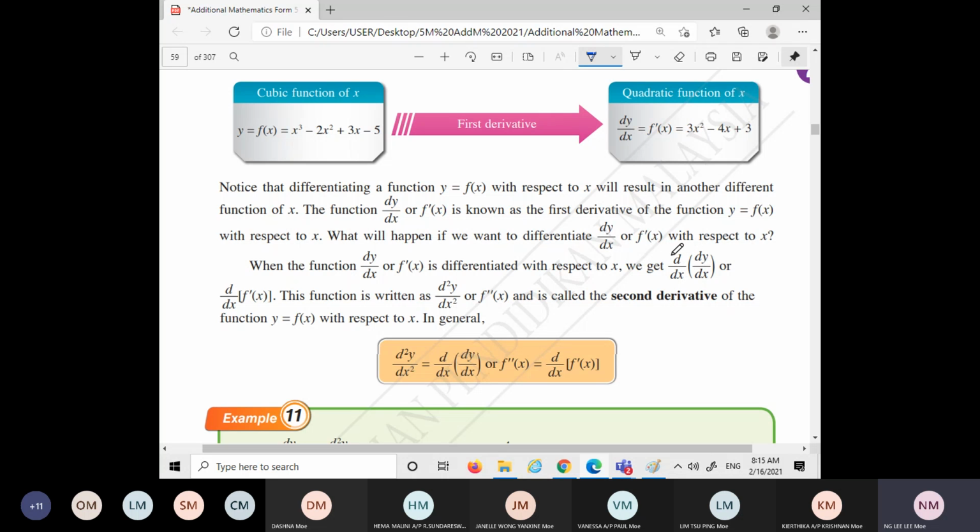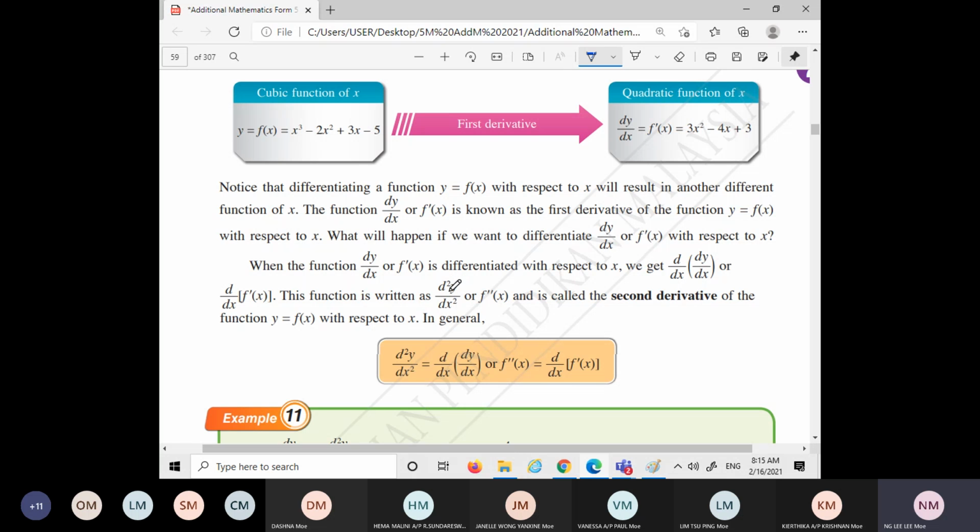You see or not? This is how you write for differentiation. If the first time here is y, but you differentiate a second time, here you write dy/dx, meaning you differentiate dy/dx one more time. Or, the same thing, you differentiate f'(x).